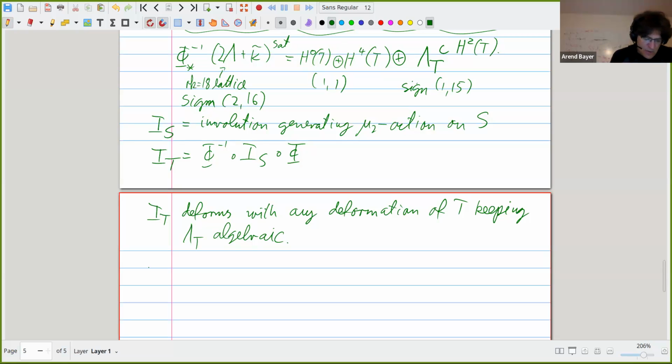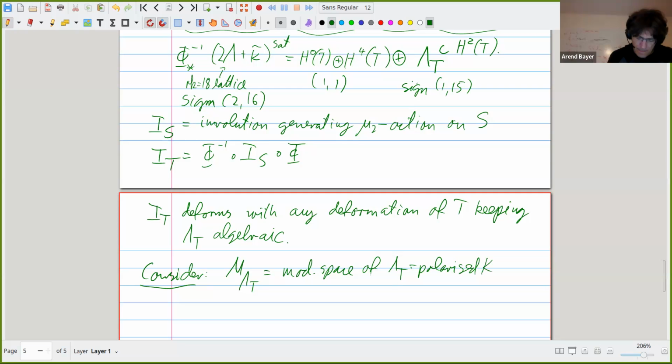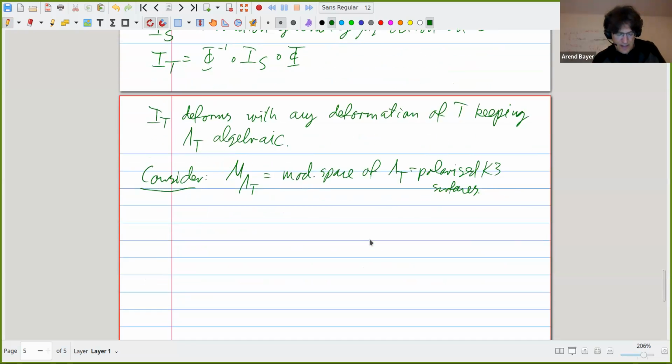And so now what we consider is M lambda T. This is the moduli space of lambda T polarized K3 surfaces. Strictly speaking, I should go to some finer cover so that a universal family exists, but let me drop that here because I have to go to a cover in a second.